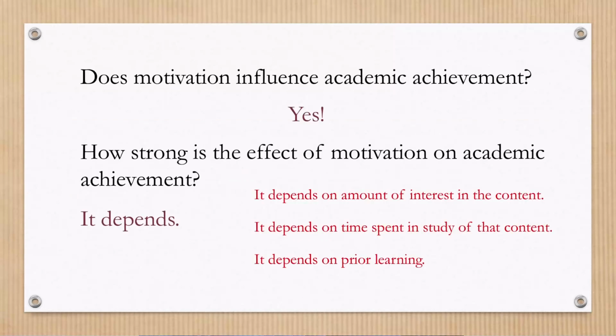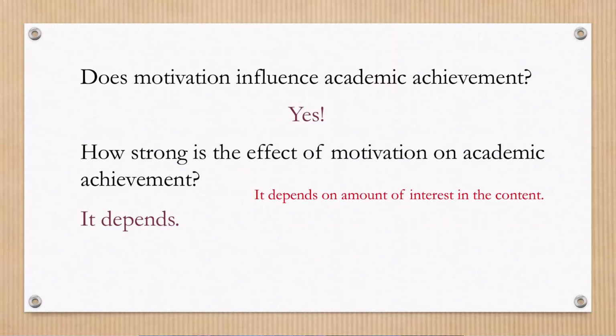Going back to our examples again, let's look at this first example. It depends on amount of interest in the content. If the amount of interest in the content is what is causing there to be a different effect of motivation on academic achievement, then we would say that interest is a moderator.